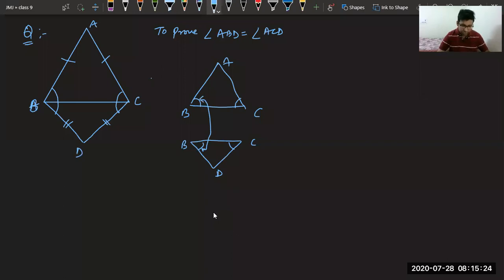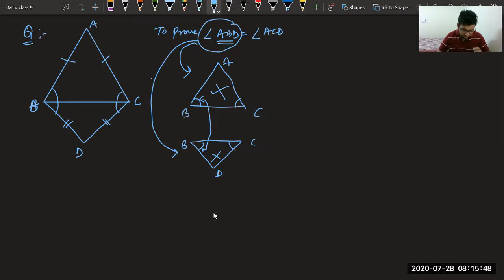We have to do a construction in this case, because taking triangles this way, this complete angle is not coming either in ABC or in BDC. Class, you can see this angle ABD is not coming in this triangle nor in this triangle. That means the given triangles are not sufficient for us to prove congruent. We have to do a construction.